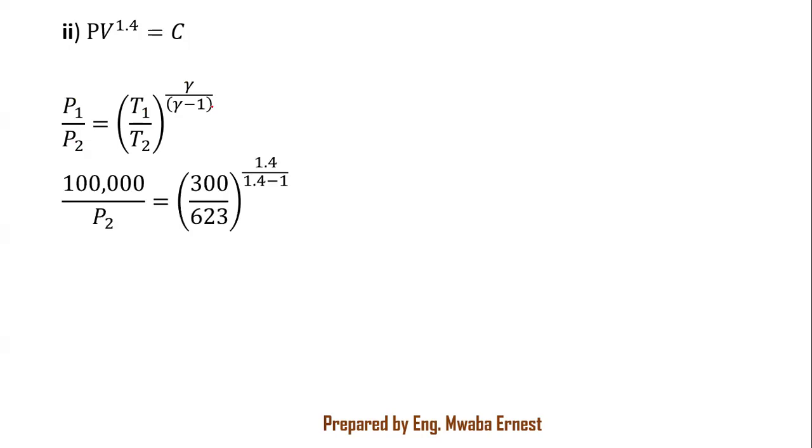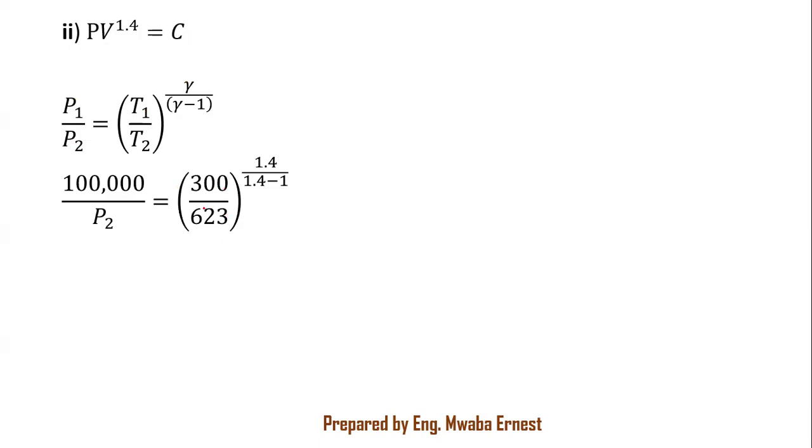Let's repeat the process. What if we now have PV to the power 1.4 equals constant? Here, we start again with the pressure. P1 over P2 is equal to T1 over T2 raised to the power gamma over gamma minus 1. And we do the substitution. Our P1 is 100,000. Our P2 is just P2. Then T1 is 300.